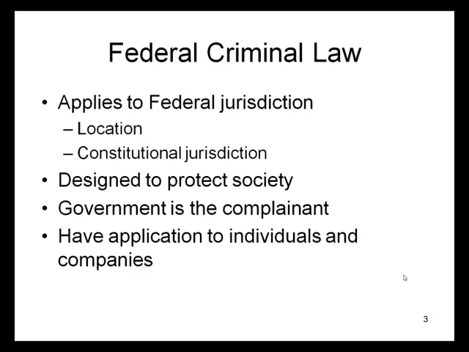Those are entities that do not actually reside in non-federal jurisdiction as a matter of law. More and more, those are kind of going away. There's very few locations left that are strictly federal jurisdiction.